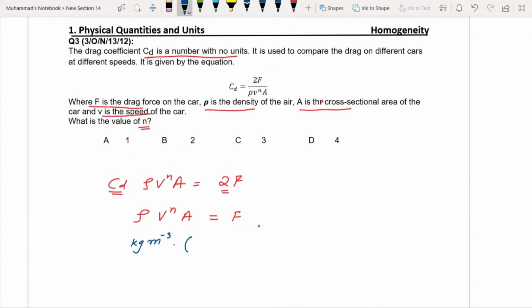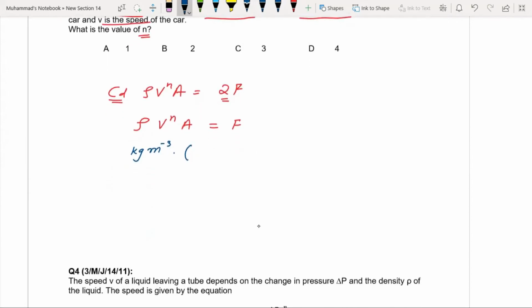You should first clearly identify the variable quantities. So v is speed, that is meter per second, whole power n, times the area, which is meter square, and force is mass times acceleration, that is kg meter per second square. Again, what will you do now?